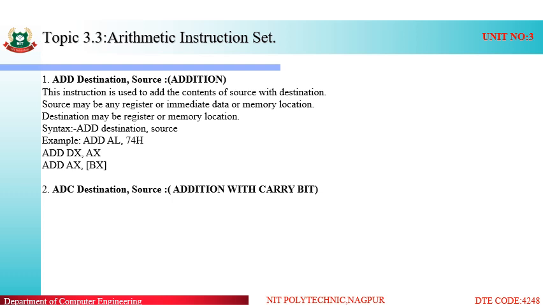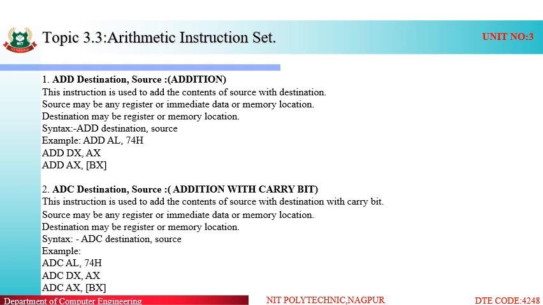So add with carry is similar to add instruction, but it adds the contents of the source with the destination with carry bit. Simple add is without carry bit, ADC is with carry bit. The remaining functioning remains the same. It will perform the addition of source with the destination and the result will be stored in the destination, but with carry bit.